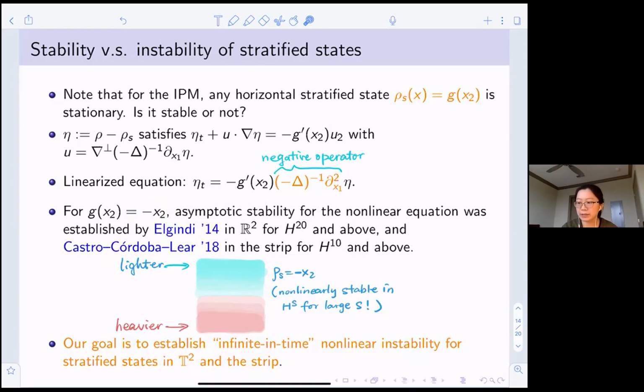It's just that having this exact form makes it easier on the linearized level because this is a constant. So in this case, the asymptotic stability for the nonlinear equation was established by Elgindy in R2.